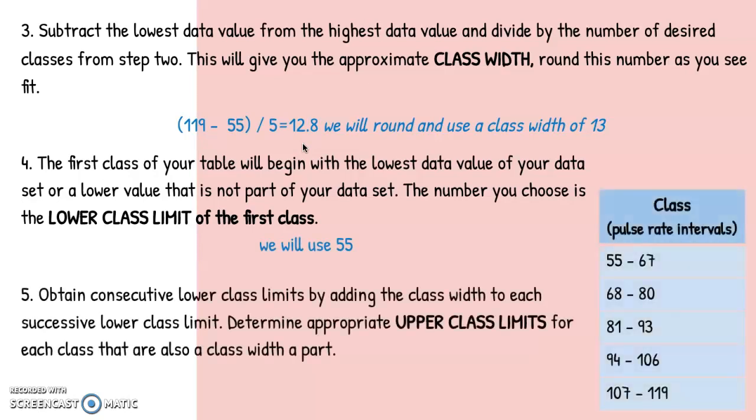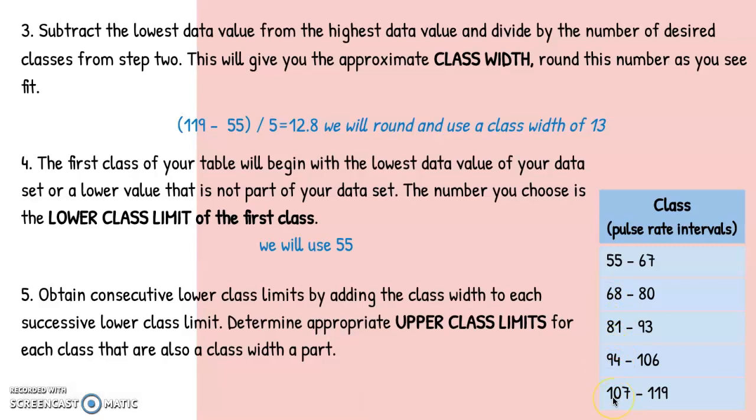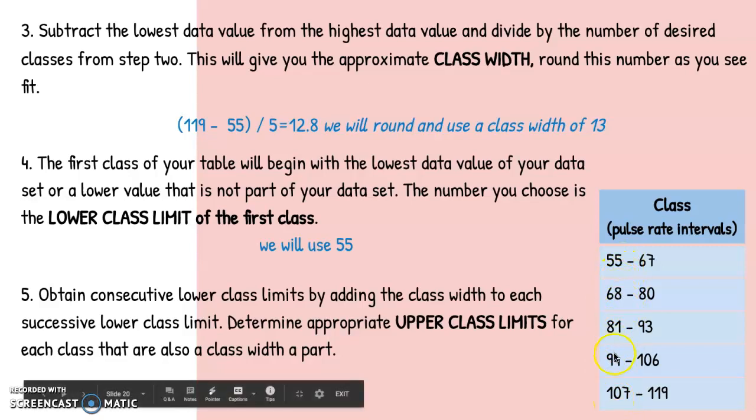Now we use our class width to obtain consecutive lower class limits. We take 55 and add 13, which was our class width from step 3. So 55 plus 13 is 68. 68 plus 13 is 81. 81 plus 13 is 94. And 94 plus 13 is 107. So we have obtained all of our lower class limits.